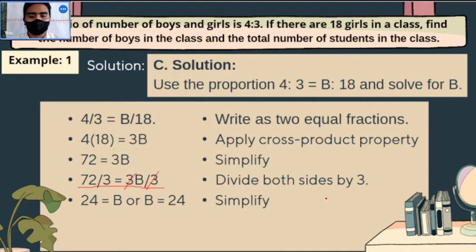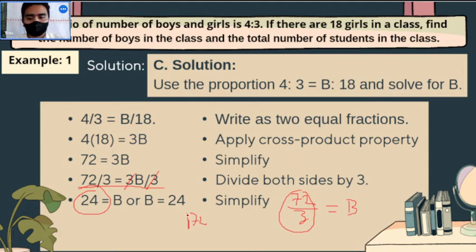Therefore, we have 72 divided by 3 is equal to b. To find the value of b, we divide. 72 divided by 3, the answer is 24. Do you want manual division?